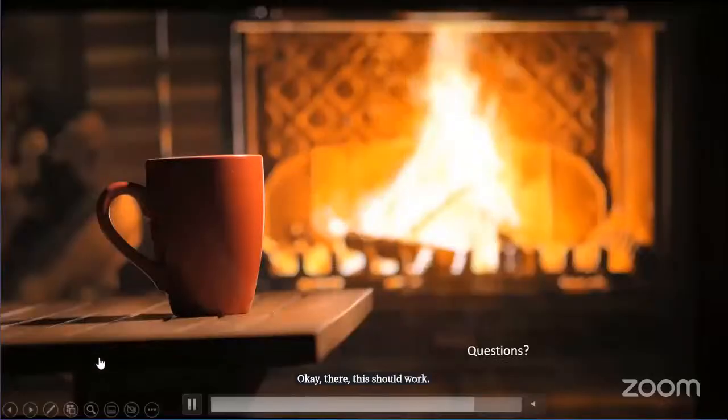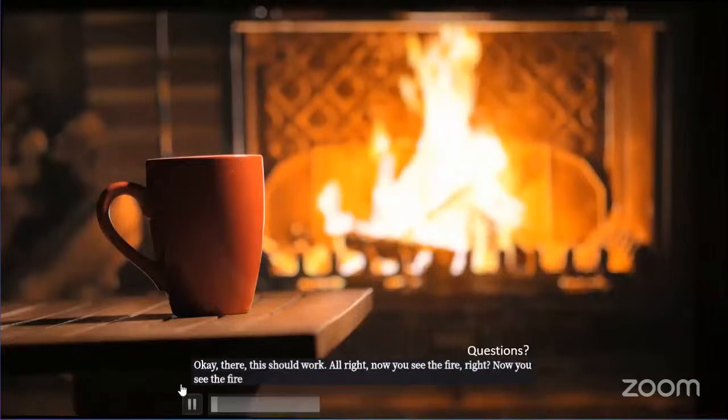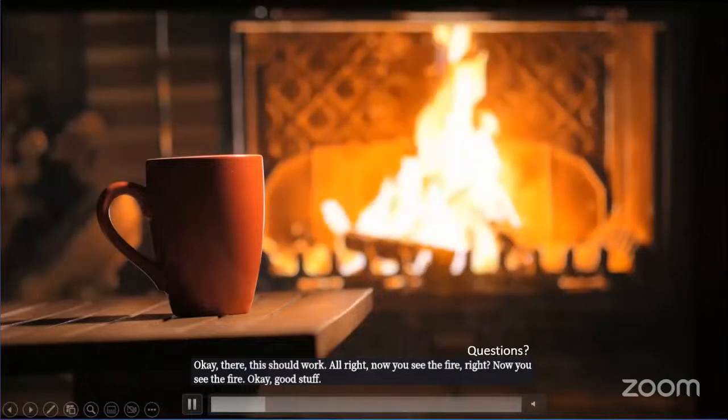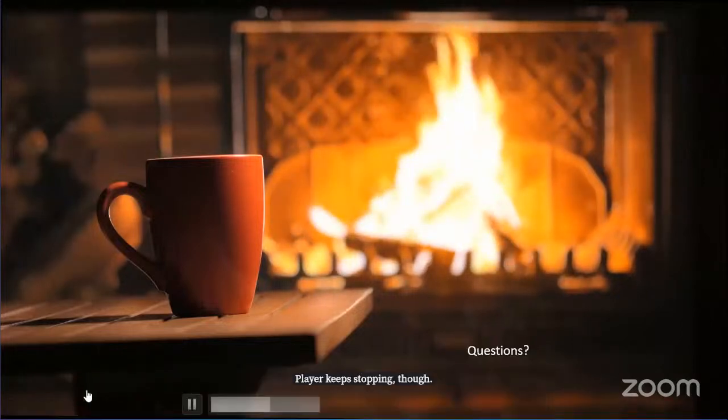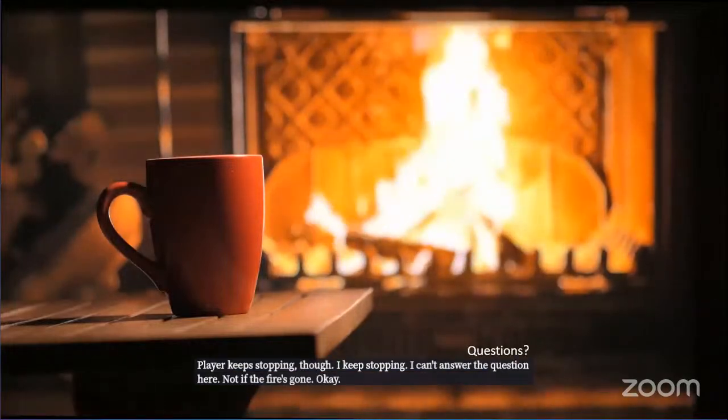Are you guys seeing the fire or just sort of a blank screen? Just the logo. Okay, I know what's happening here. Bear with me while I bring it back to the screen. Okay, there, that should work. Now you see the fire, right? Okay, good stuff. The fire keeps stopping, though. I can't answer the question here, not if the fire's going. Okay, there we go. Apologies for that, folks.